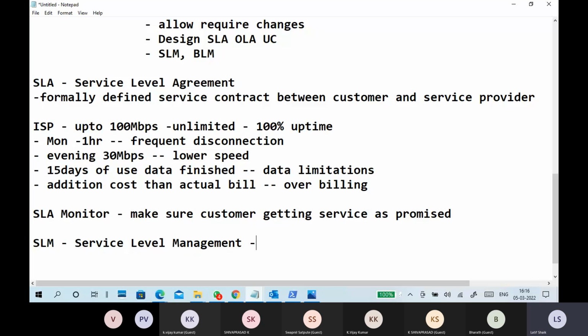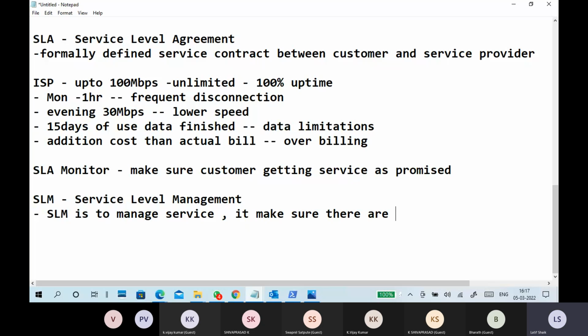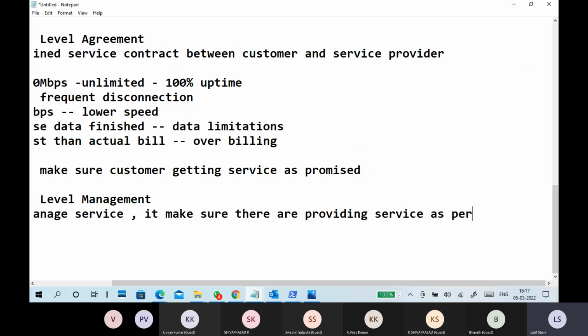Guys, SLM is to manage service, and it makes sure they are providing service as per the SLA or not.